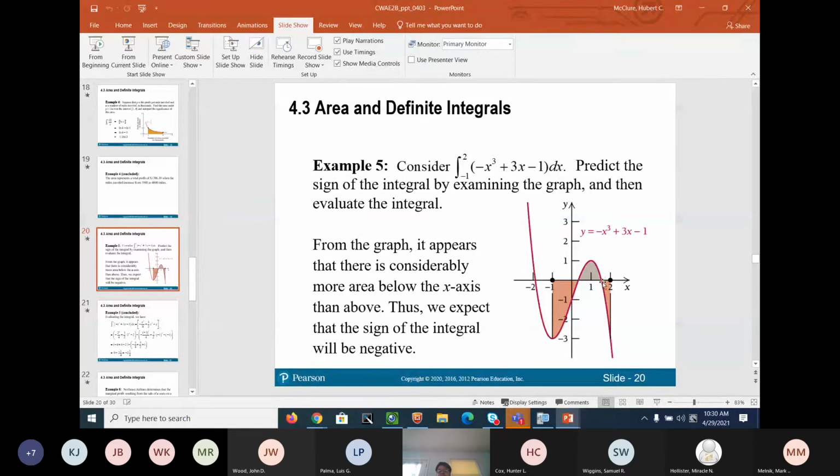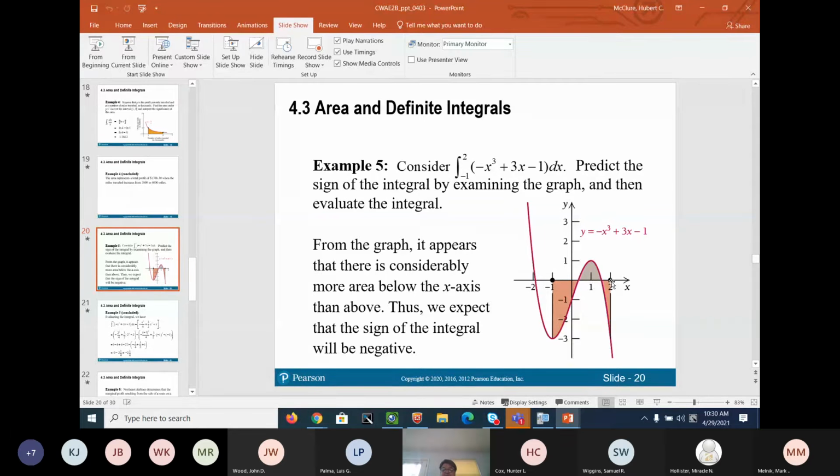The lower bound is -1, upper bound is +2. Now, if you did the whole thing together, it would come up like this. And they got -2 1/4.